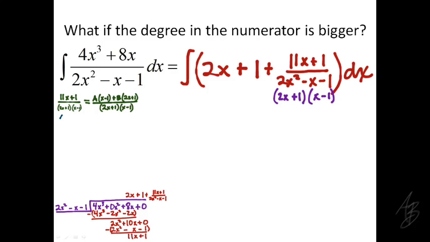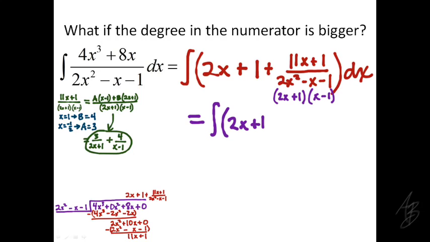We would have a over 2x plus 1 plus b over x minus 1, and we end up with a equals 3 and b equals 4. So this quotient right here is going to equal 3 over 2x plus 1 plus 4 over x minus 1.